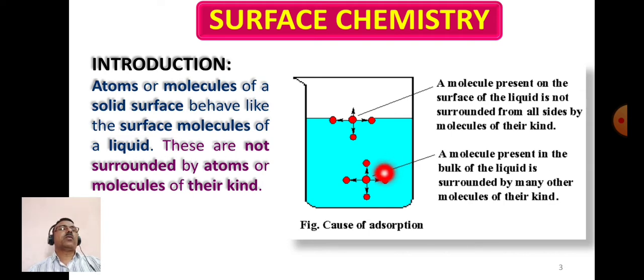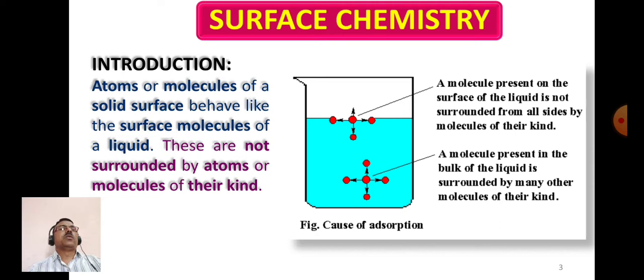So this molecule is more stable, and all its intermolecular forces of attraction are balanced. So this molecule possesses very less energy, meaning it is most stable, and it is less reactive, or you can say non-reactive.